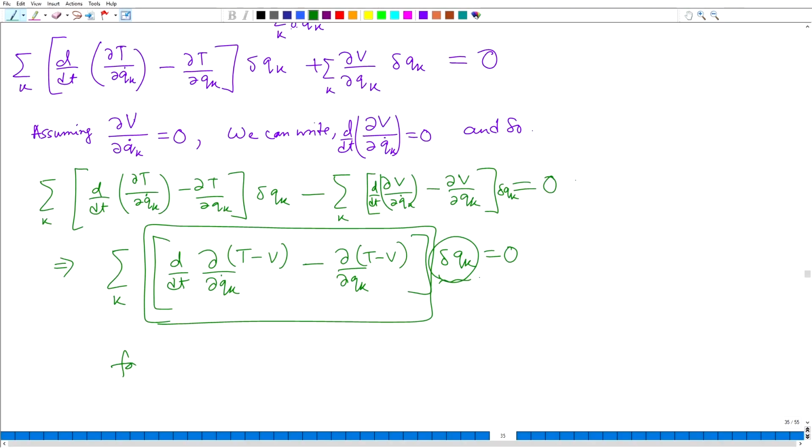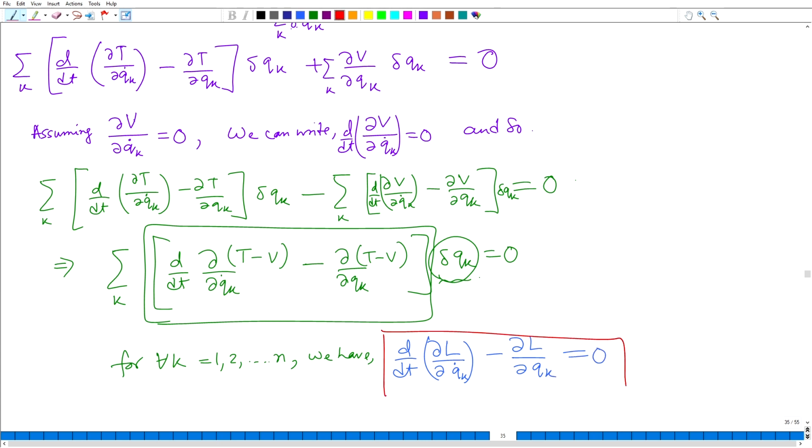And so, for all k running from 1 to n, we have d dt of del L del q k dot minus del L del q k is equal to 0, where L is given by T minus V, V can be a function of q and t.